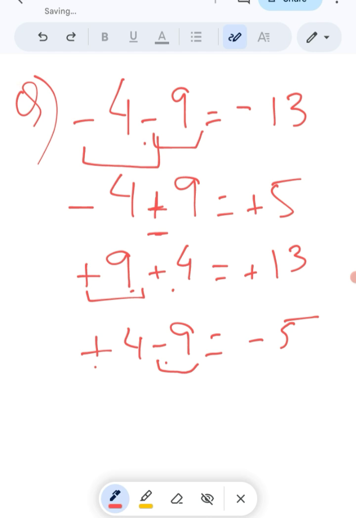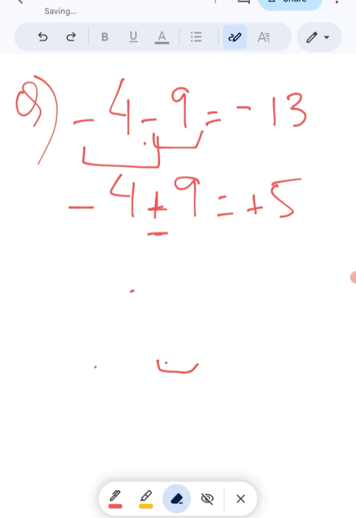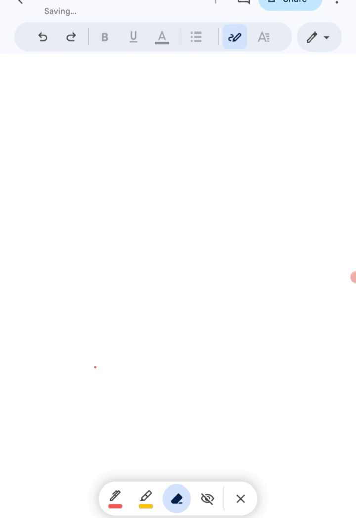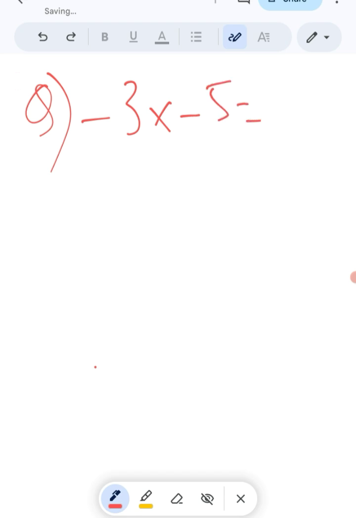These are the basics. Let's come to multiply questions now. For example, a question was given to you: minus 3 multiplied by minus 5. Here minus multiplied by minus makes a plus, and 5 threes are 15.